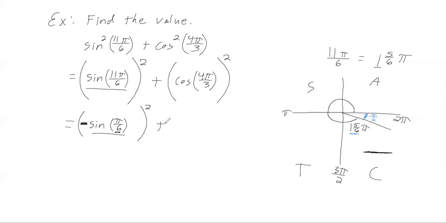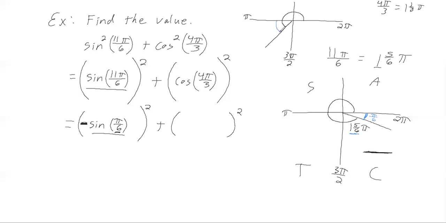Plus, how about the cosine of 4 pi over 3? Let's replace that with a reference angle that we know the value of. All right, here's pi. Here's 3 pi over 2. Here's 2 pi. 4 pi over 3. Is that the same as 1 and 1/3 of a pi? As much as 1 pi. 1/3 more of a pi puts me there. So what is going to be my reference angle right here?